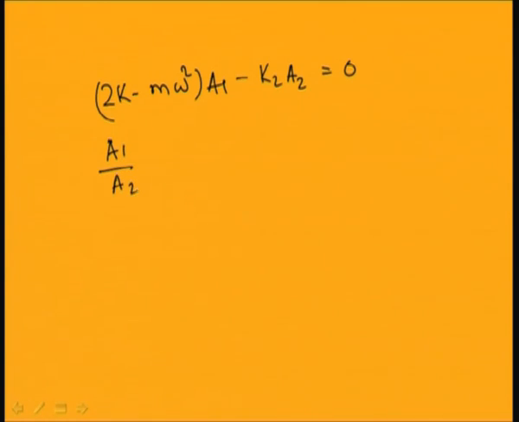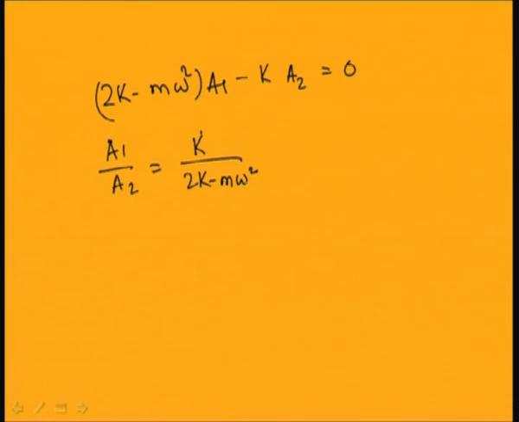So, a1 by a2 equal to k by (2k minus m omega square), since k2 I have already taken equal to k. And already I found the two values of omega square, or two values of lambda.